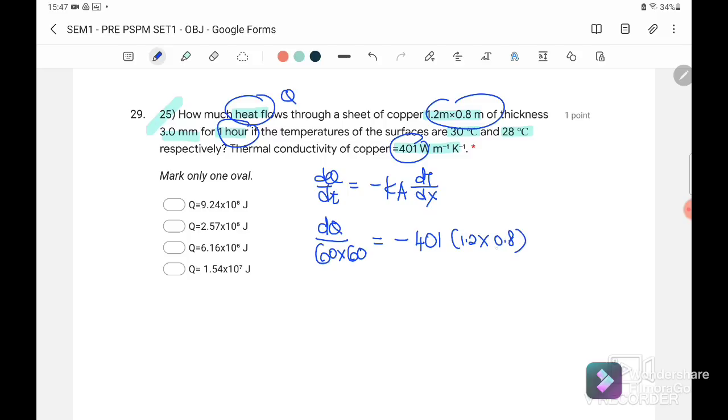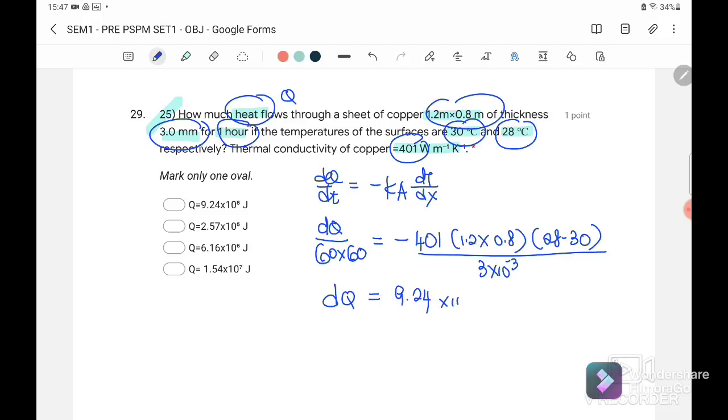And the temperature is from 30 to 28, so we take final 28 minus initial 30, over the thickness, 3 millimeter. The final answer for the heat flow through the copper is 9.24 × 10^8 joule. So the answer here is 8.